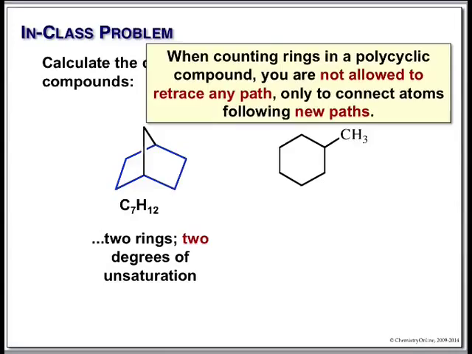Okay, makes sense? Now, I have to start somewhere else. Like I could start here and trace the second ring this way, connecting the 2 paths, but not retracing anything. 2 rings, 2 degrees of unsaturation.